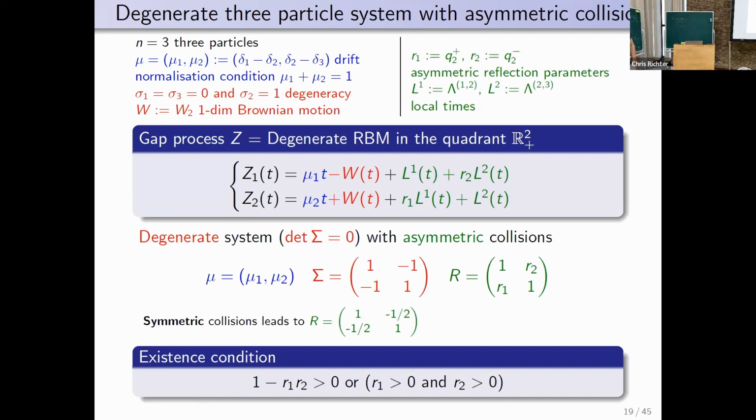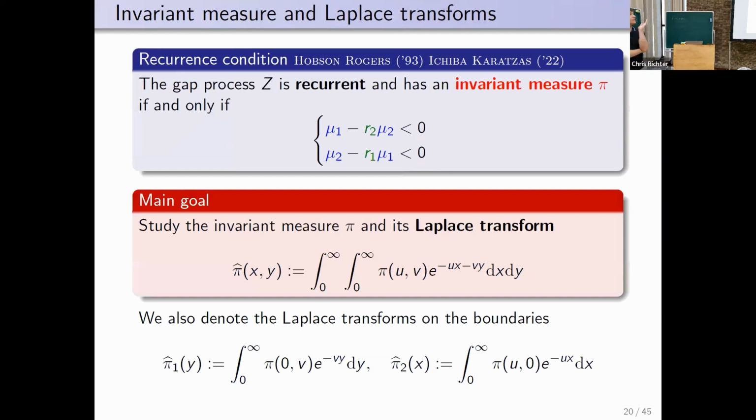Okay. And you also have a recurrence condition on this process, which is also the same that Hobson and Rogers did a few years ago for a non-degenerate process. So what is the recurrence condition? In fact, it's a competition between the drift and the reflection vectors.